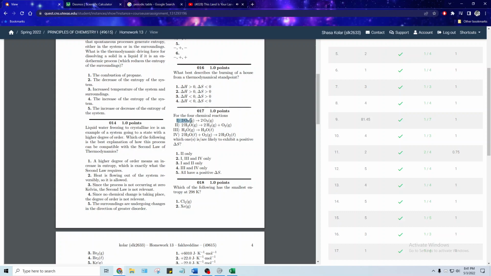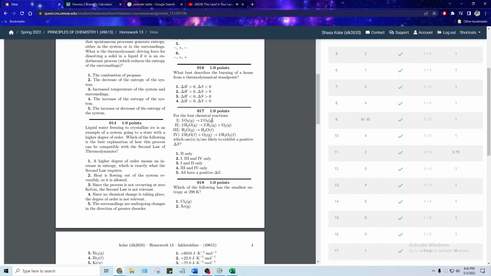And so here, for number one, we're losing a mole of gas, right? If we lose a mole of gas, then we're losing disorder. We're losing disorder because we're losing one of our moles of gas.